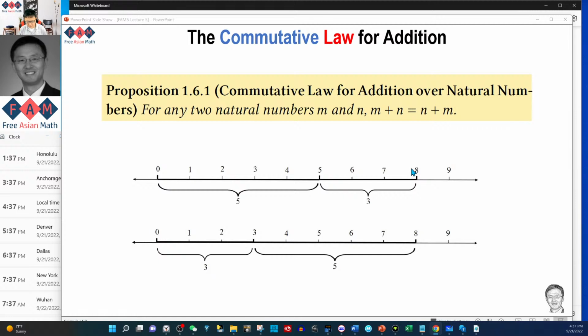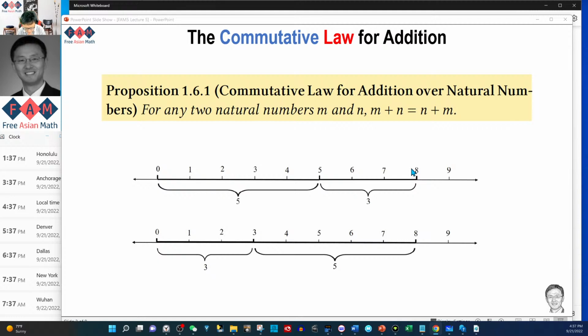Okay, so let's talk about the commutative law first. As I just mentioned, the commutative law has both an addition version and a multiplication version. Today we'll only discuss the addition version. So what is the commutative law?